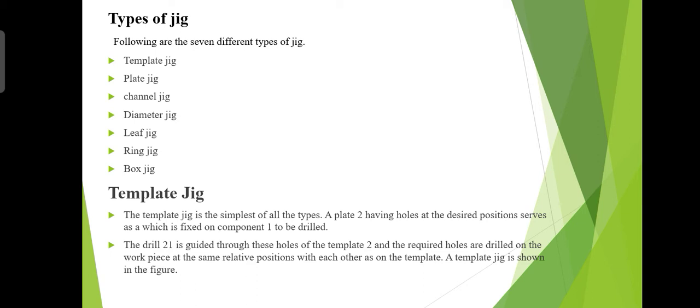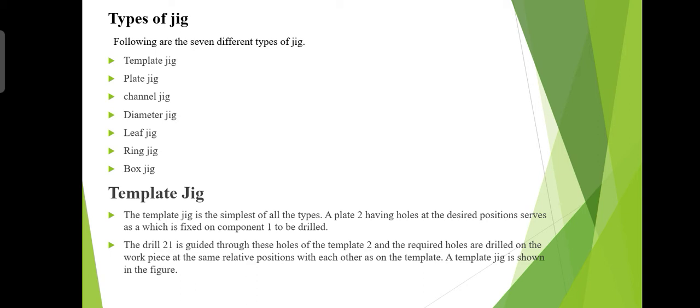A disadvantage of the simple clamp jig is that only holes of a single size can be drilled. Either fixed or removable bushings can be used to overcome this disadvantage. Fixed bushings are sometimes used because they are made of hardened steel, which reduces wear.